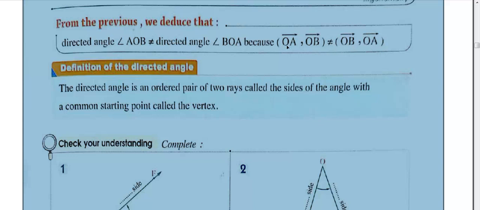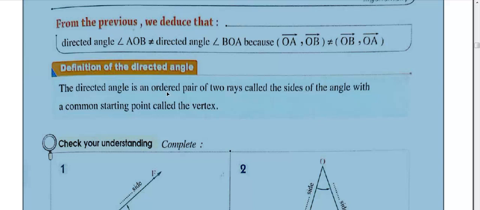Again, OA and OB, we can say directed angle AOB. And the second one, here the first projection is OB, so in this order we can say directed angle BOA. It's easy for you. You must look at the first and say AOB, and this order BOA.